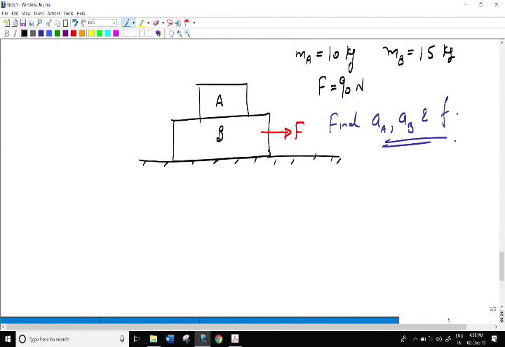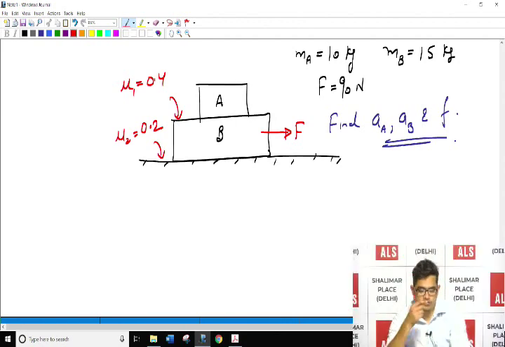I did not give it. How can you solve? I'm stupid. The coefficient of friction here, mu1 is 0.4 and mu2 is equals to 0.2. That is the complete question. I'm sorry, I forgot a few things.